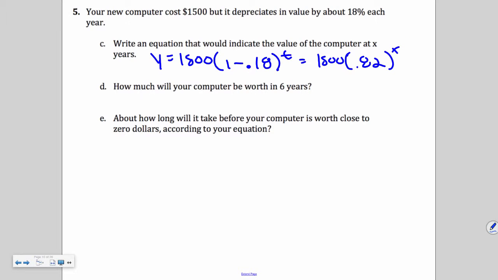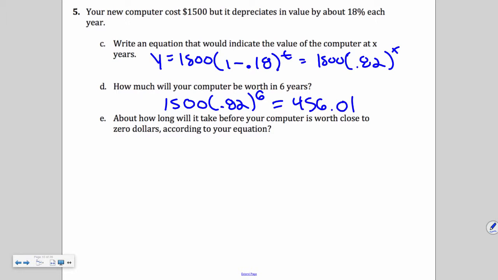So for d here, 1500 times 0.82 raised to the 6th is $456.